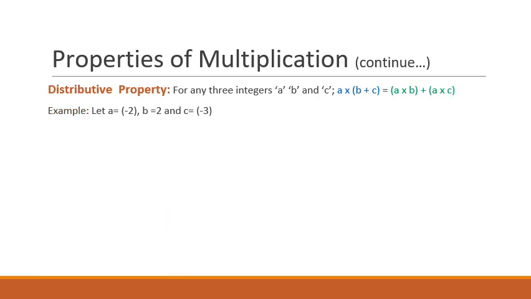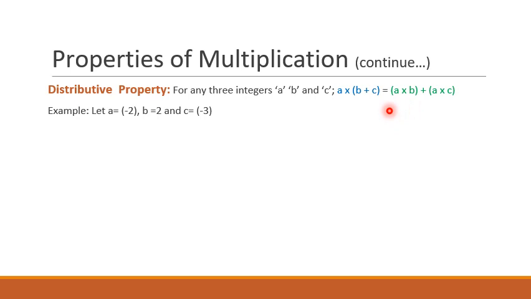Now let's learn one of the most important properties of multiplication, that is the distributive property of multiplication. The distributive property of multiplication says for any three integers a, b and c, the product of a and the sum of b and c is equal to the product of a with b added to the product of a with c.